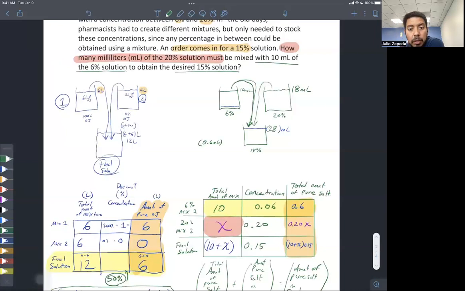How much pure salt is coming from the second 20% solution? Well, we can find that by multiplying. The expression is actually right here in the table, right? The amount of pure salt is just 0.20 times x. So we multiply 0.20 times 18. And what is that equal to?